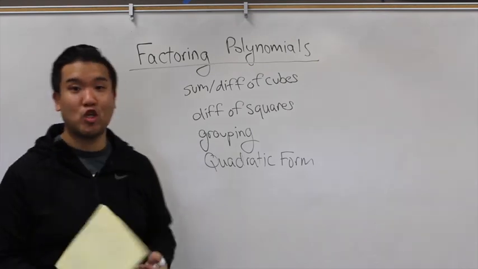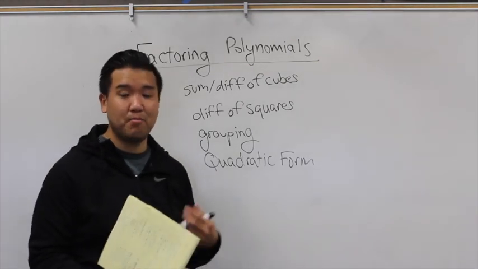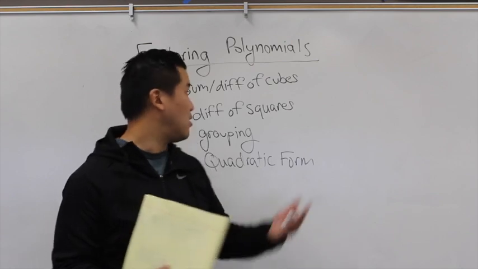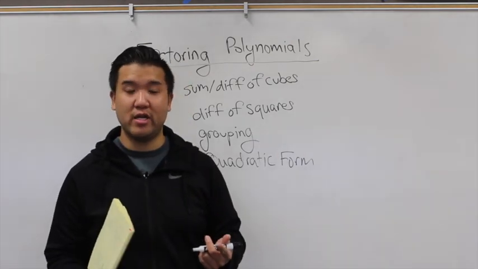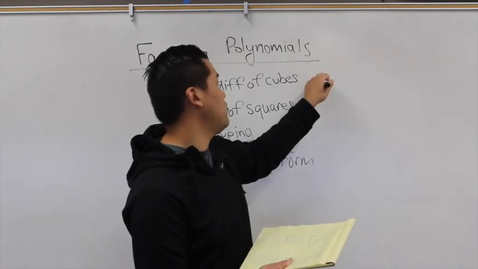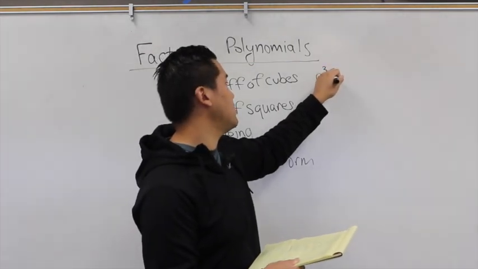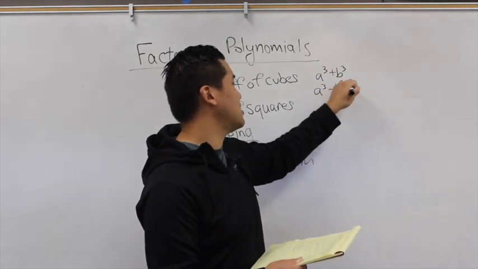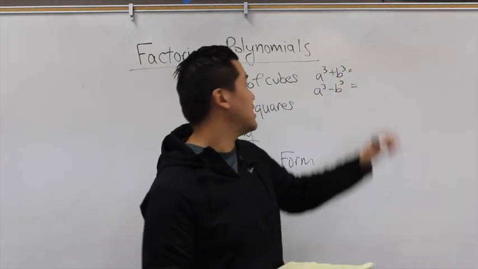So sum and difference of cubes happens if it's a binomial with your leading coefficient as the power of 3, highest exponent, and then a constant value. So there's no values in between. So if you could write it as a cubed plus b cubed, or a cubed minus b cubed, it's very similar to difference of two squares. We get two formulas.